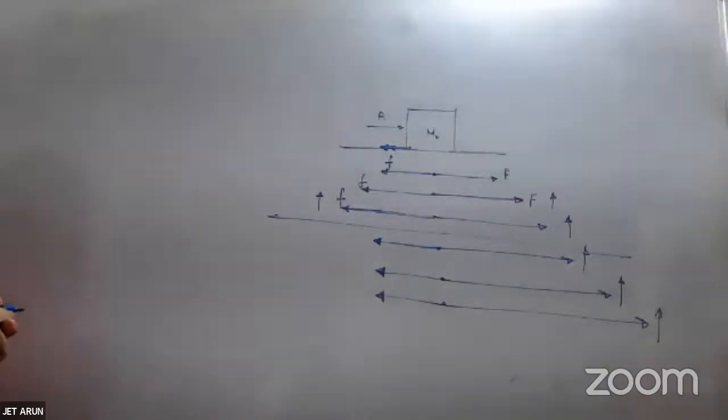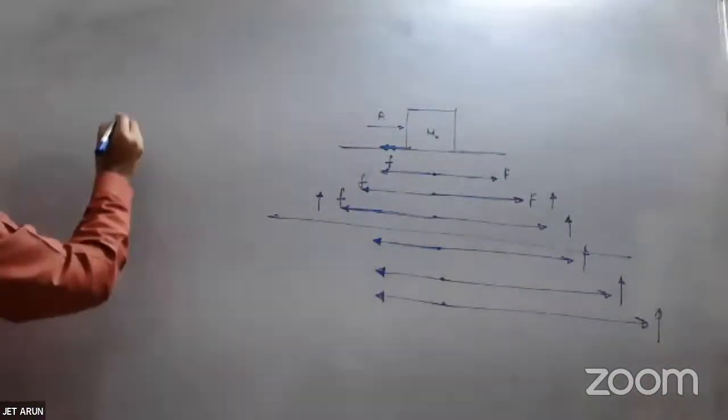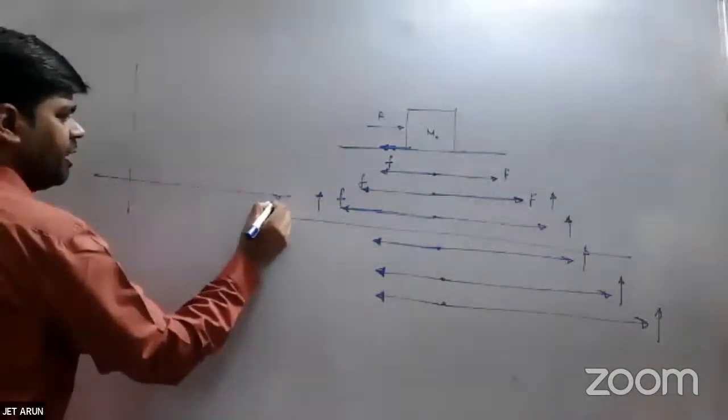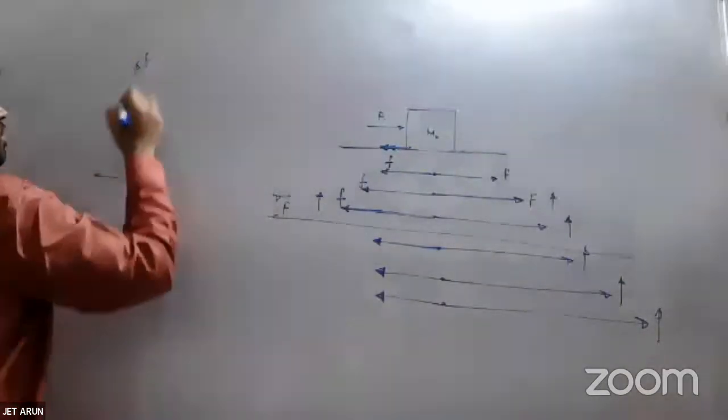All right, this is the experimental observation. Now, if I plot a graph for this one, this is applied force F, this is friction force on the block.